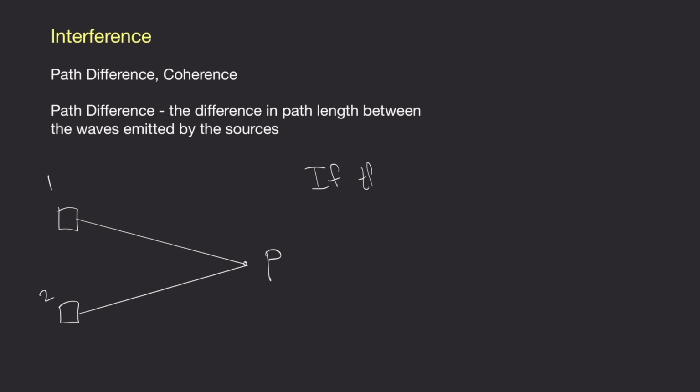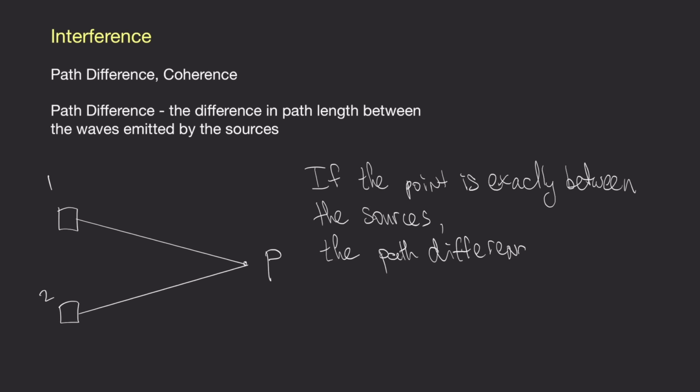So we can say that if the point is between the sources, the path difference would simply be equal to 0, and this is simply because the waves from source 1 travel the same distance as they do from source 2. Very often, by the way, in AQA, we end up having to use Pythagoras to figure out some distances, so sometimes we may be given, let's say, this distance here, so just keep in mind that you may have to use the Pythagoras theorem at some point.